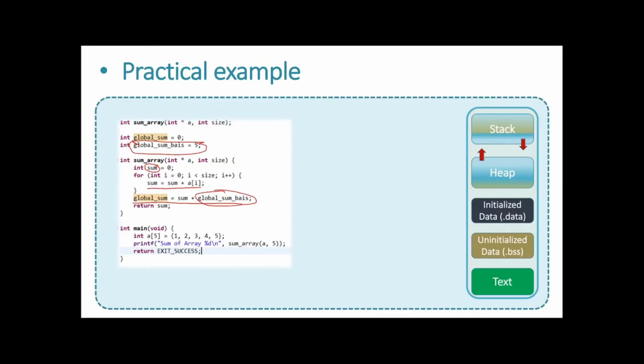And this global sum is a global variable which has null assigned to it, so it doesn't have any value. Again in the main function we call the print function and we call sum array, and after calling it we get the value sum in return and print this output. According to the data section placement, these two functions, main and sum array, should go into the text section, right?